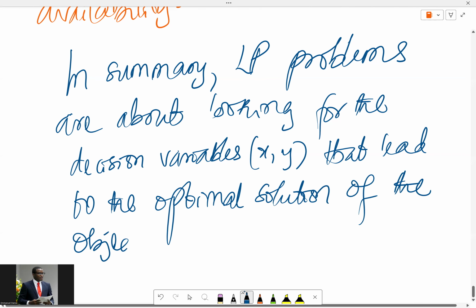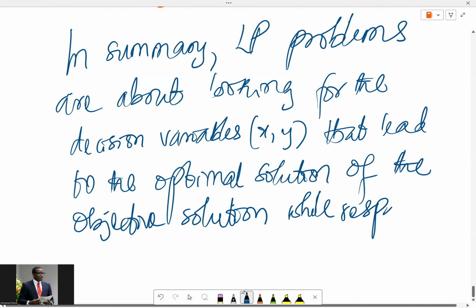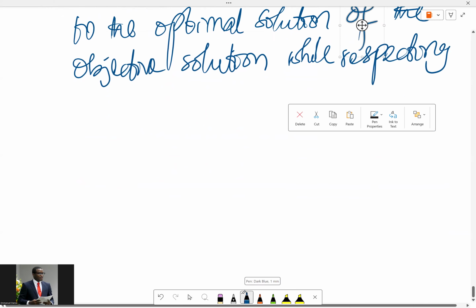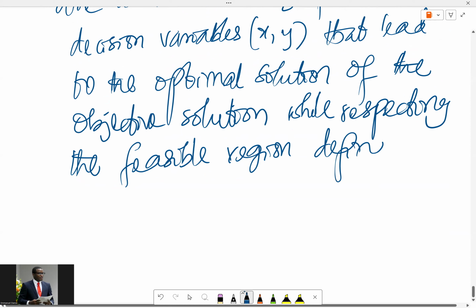It means there are many solutions, but there's only one optimal solution, or there can be a few optimal solutions, that lead to the optimal solution of the objective function while respecting the feasible region defined by the constraints.